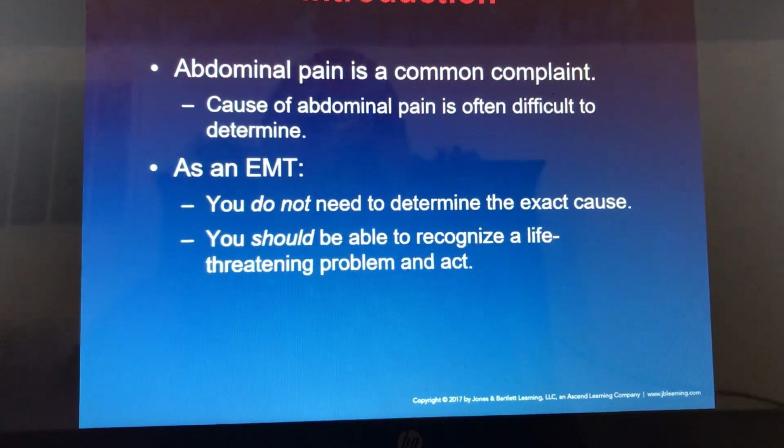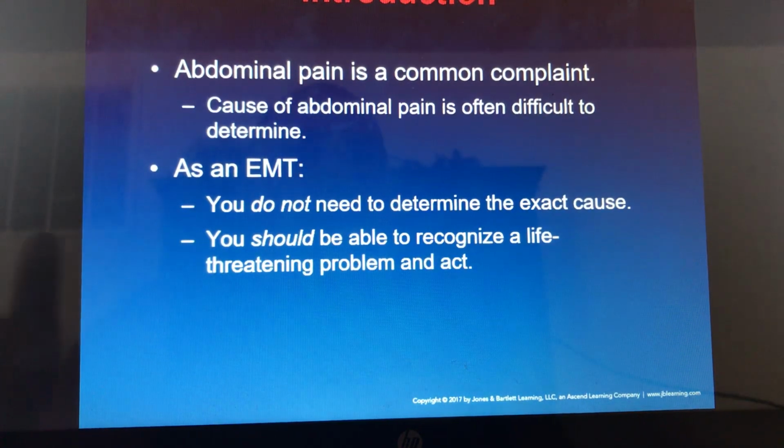That's pretty much all you can do, except treat the actual pain itself. You're not going to be able to find out where it's at. Your job is to manage the patient and get them to the appropriate center that they need to be treated at.